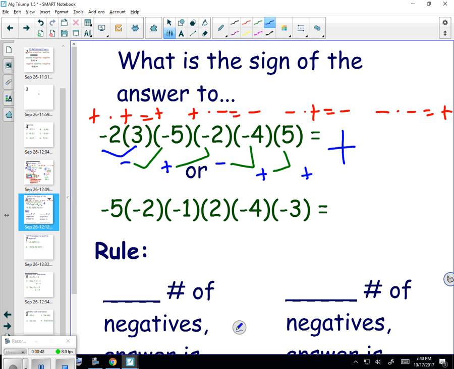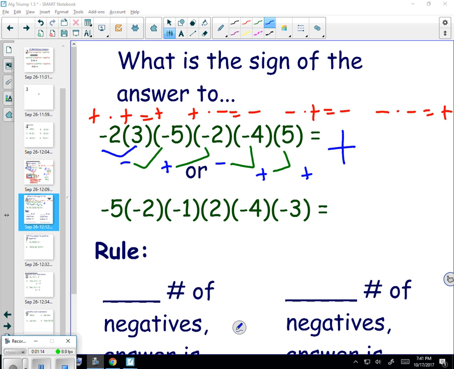In the next page, the first problem, we have six numbers, and we have four negatives. We ended up with a positive. So when we have two negatives or four negatives, we have a positive answer. When we had one negative or three negatives, we have a negative answer.